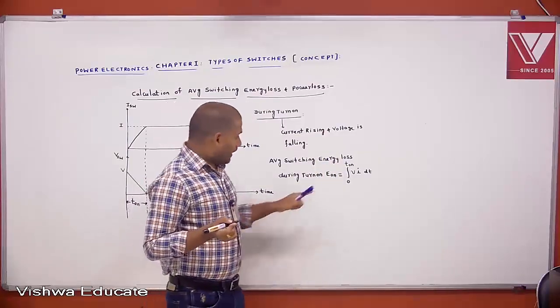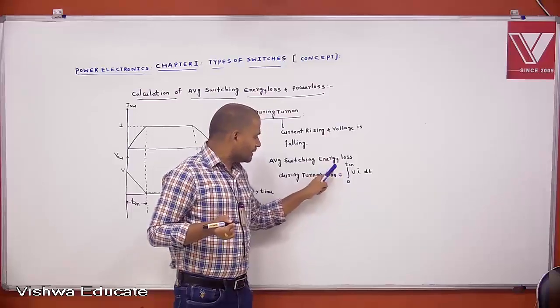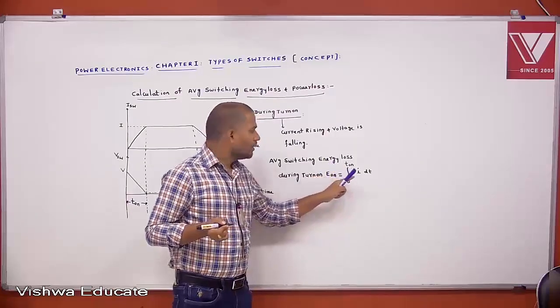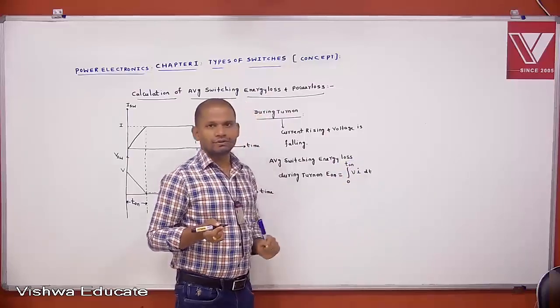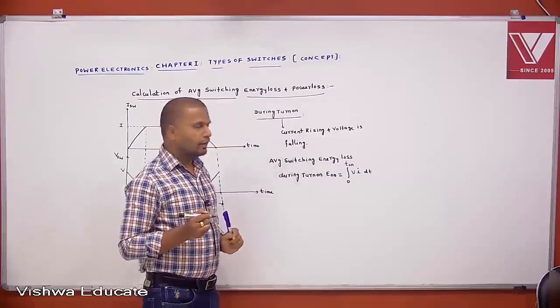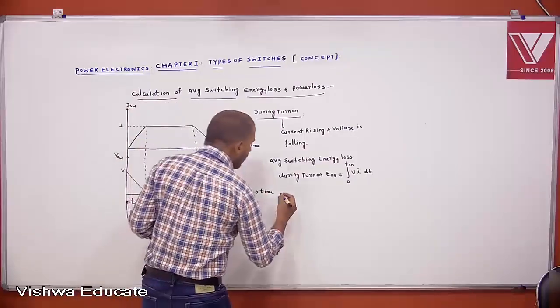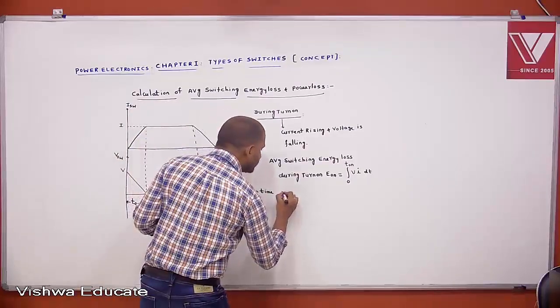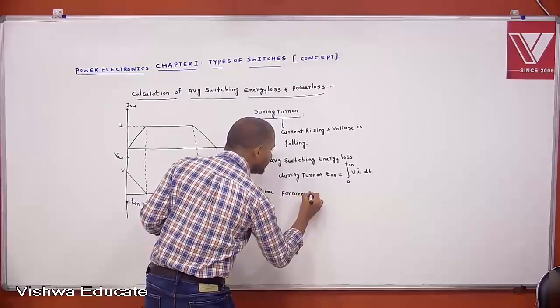Now to find average energy loss, I want to calculate the voltage equation and current equation during turn on. Now see, for current I, how to write the equation?